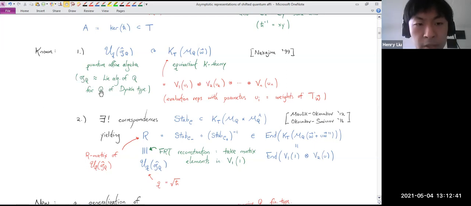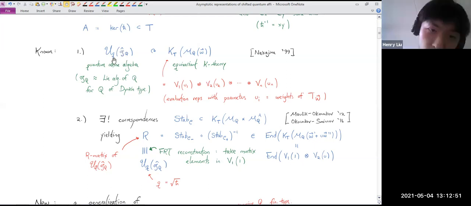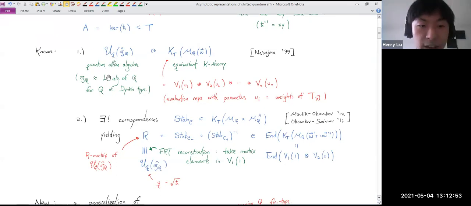Your Q doesn't have to be some particular Dynkin diagram. Anyways, so you can take this Lie algebra and you can affinize it, and then you can quantize it. And this is what we mean by a quantum affine algebra. It's some fancy quantum group. Okay. And it turns out to act on the equivariant K theory of Nakajima quiver varieties.